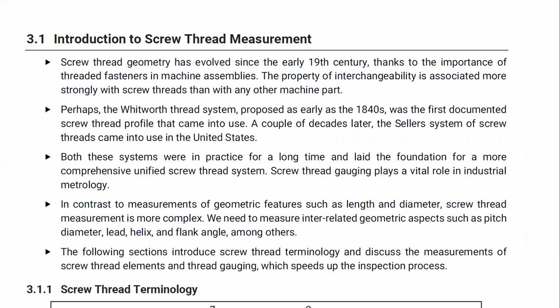Perhaps the Whitworth thread system, proposed in the early 1840s, was the first documented screw thread profile that came into use. A couple of decades later, Sellers' system of screw thread came into use in the United States. Both these systems were in practice for a long time and laid the foundation for a more comprehensive, unified screw thread system.